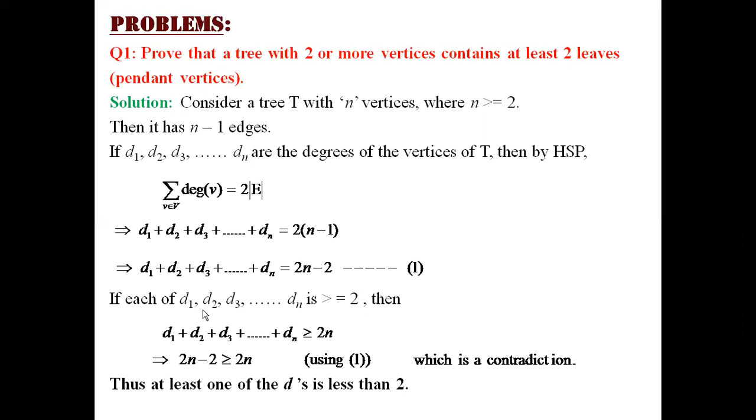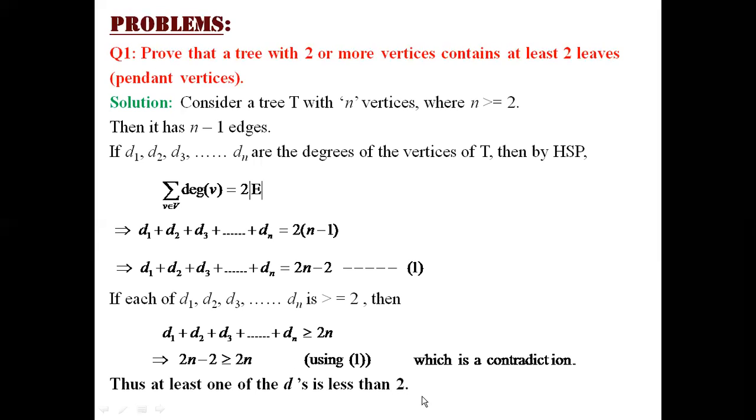So if the degree of every vertex is greater than or equal to 2 only, then there is no vertex with degree 1 or degree 0. Taking the degree of every vertex as greater than or equal to 2 becomes a contradiction. So there exists at least one of the D's whose degree is less than 2.